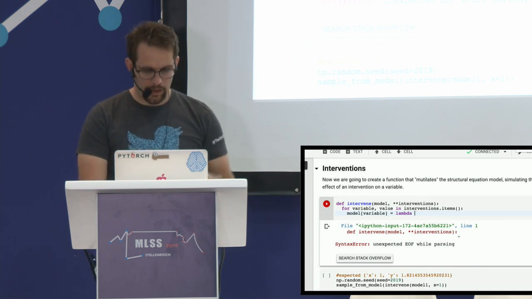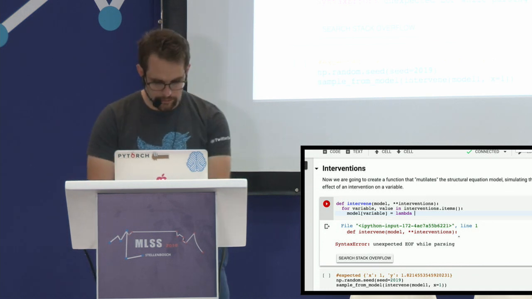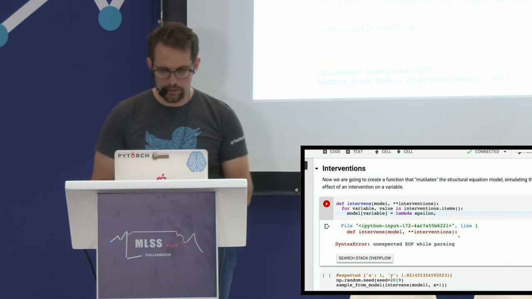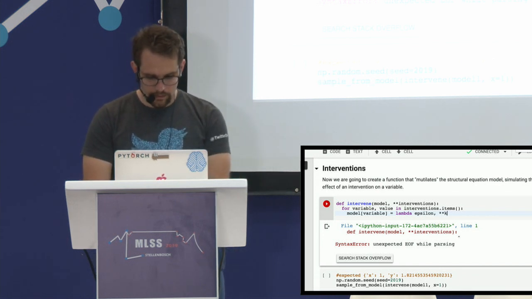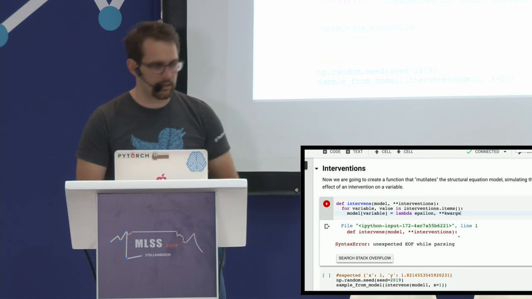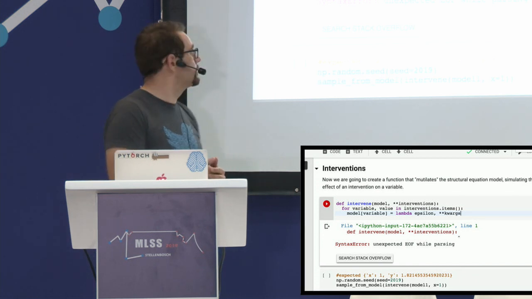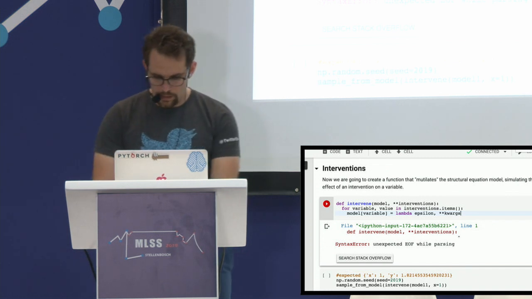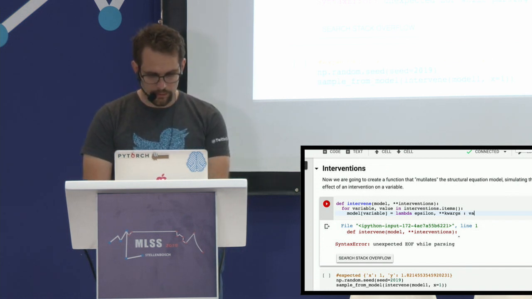So I assume that all of these functions first have to take epsilon, the vector of epsilons, and then it doesn't actually depend on any of the variables. So it's just going to be kwargs. It ignores all its inputs. And then I'm going to return value.